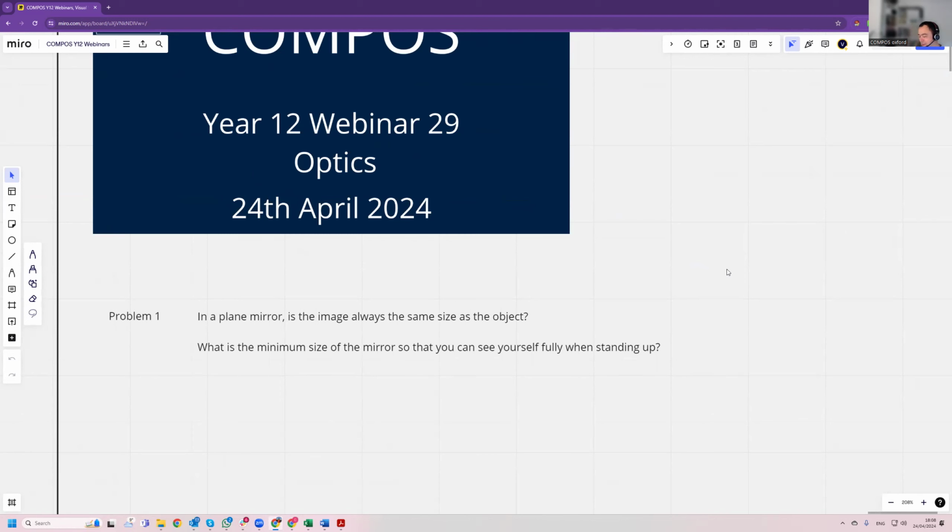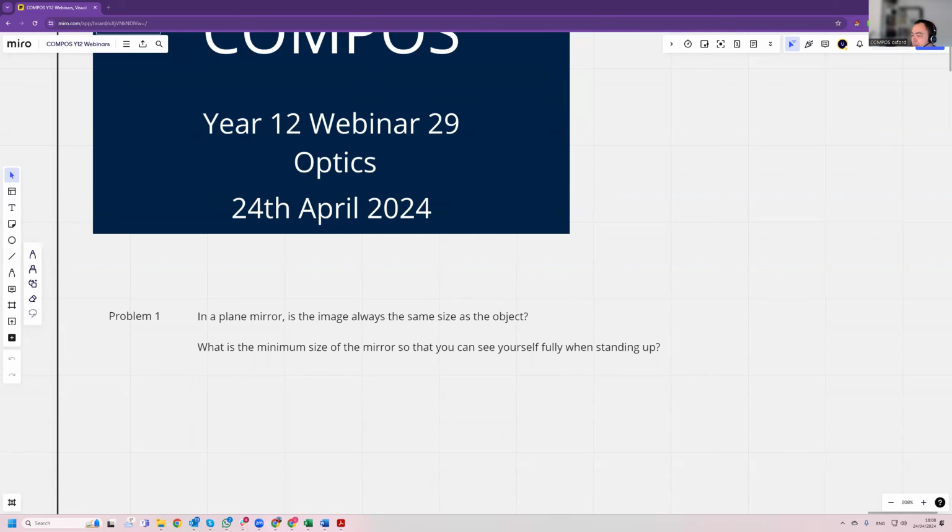Okay, can everybody take a mirror, or at least your phone, and look at yourself in the mirror? And if you tilt it, does it skew your image?